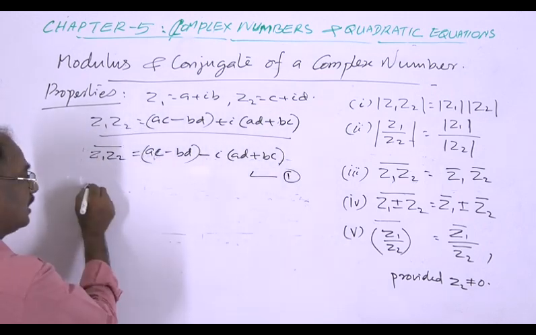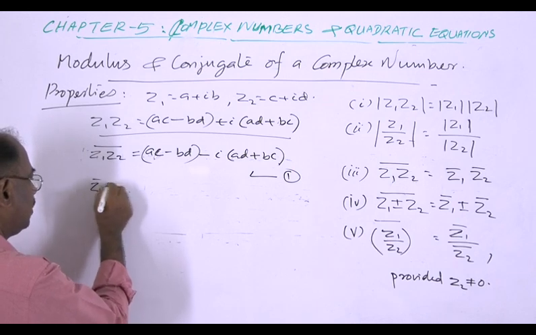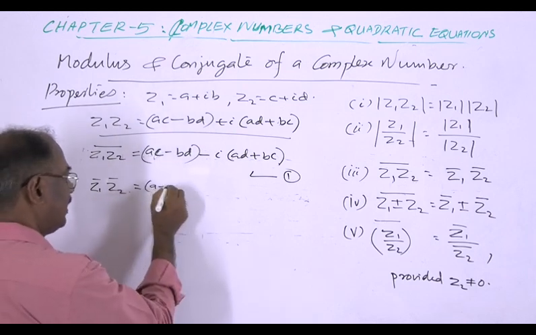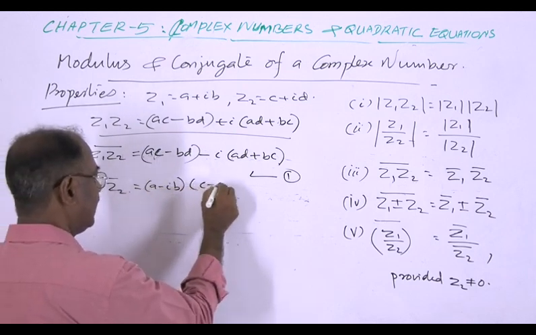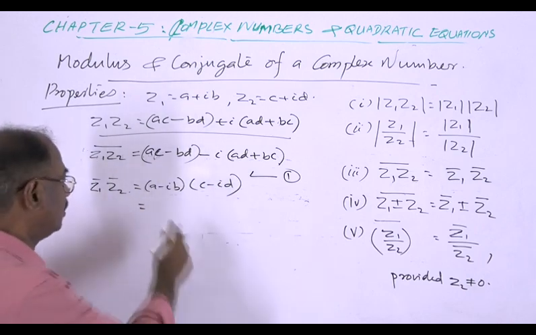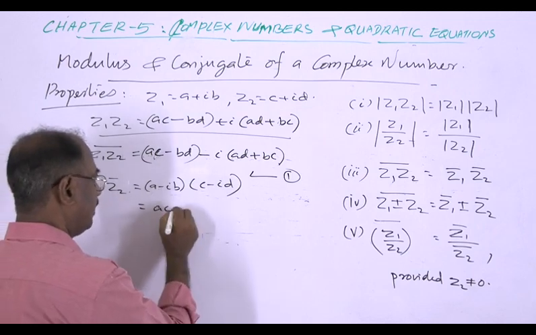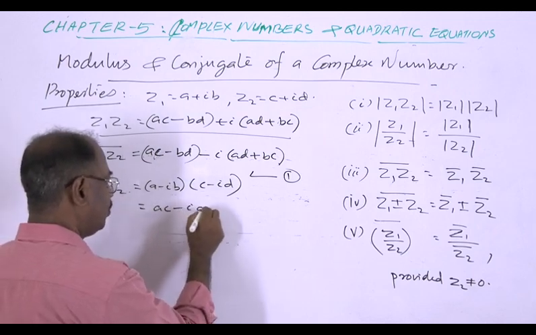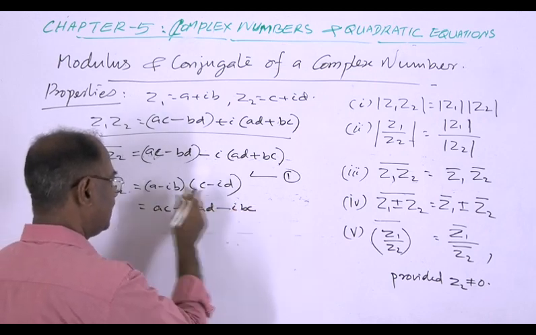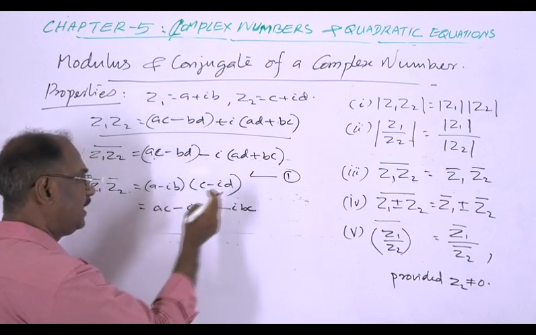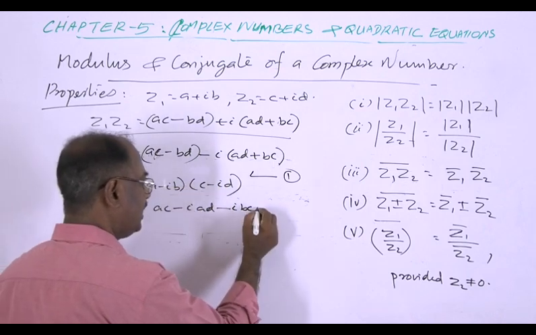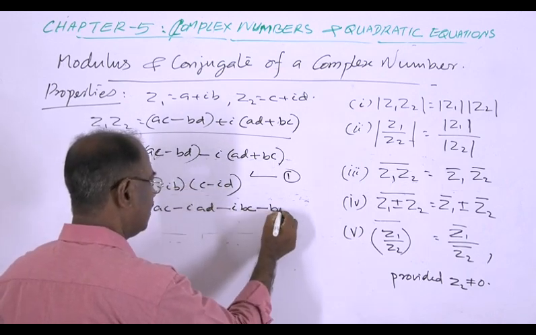And again, consider Z1 conjugate into Z2 conjugate, which is equal to A minus IB into C minus ID. On multiplication, we get AC minus I into AD, then minus I into BC, then IB into ID, which is minus into minus plus, so I squared BD, and I squared BD is minus BD.